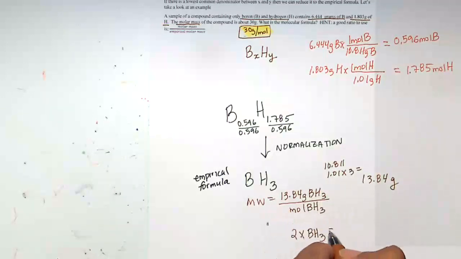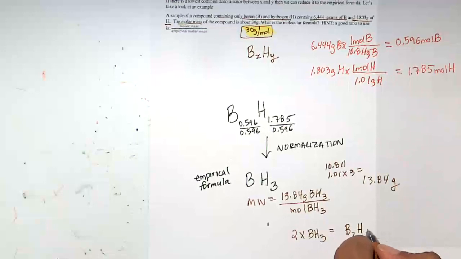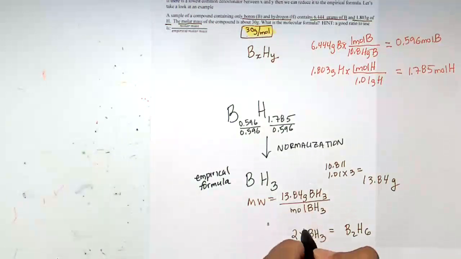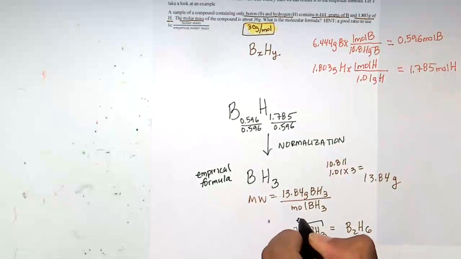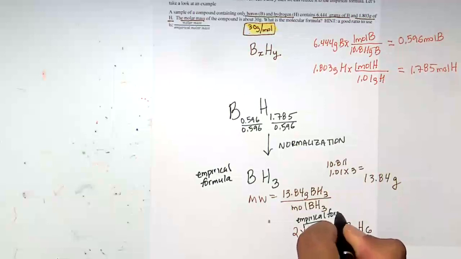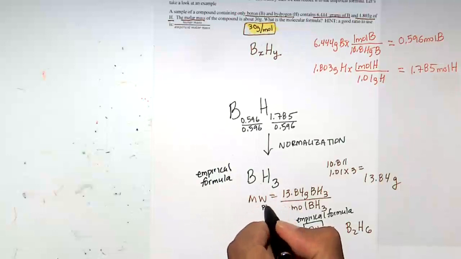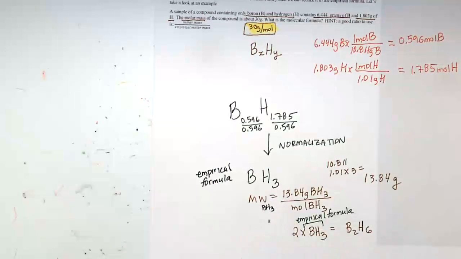This is our empirical formula, and I'm going to get B2H6. What's the molecular weight of B2H6?